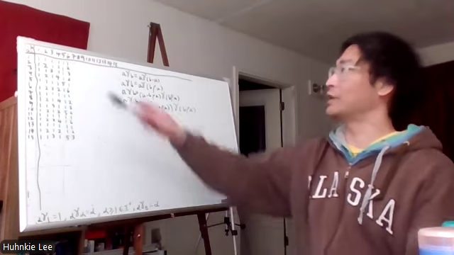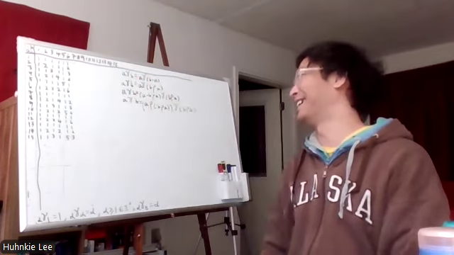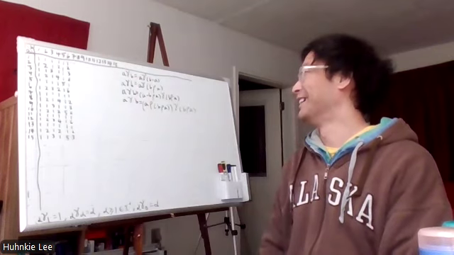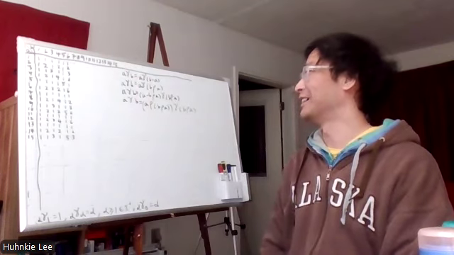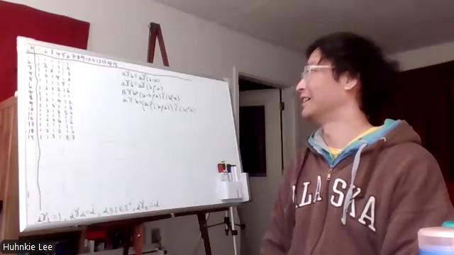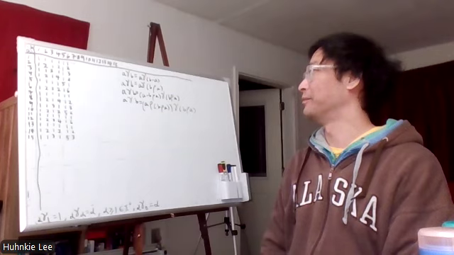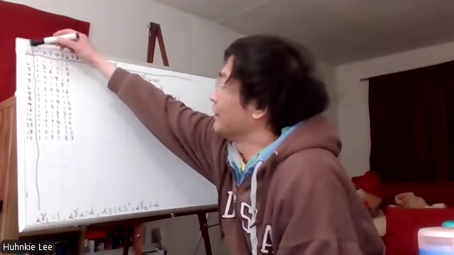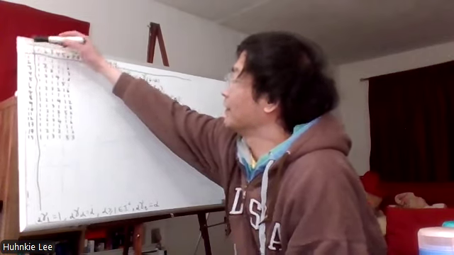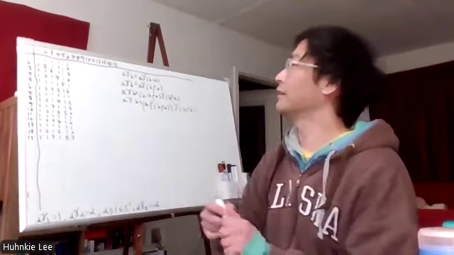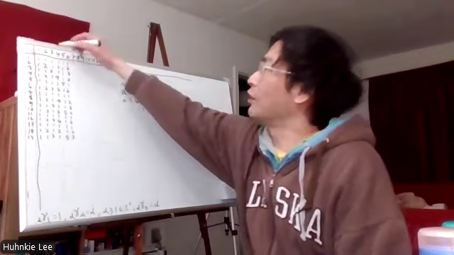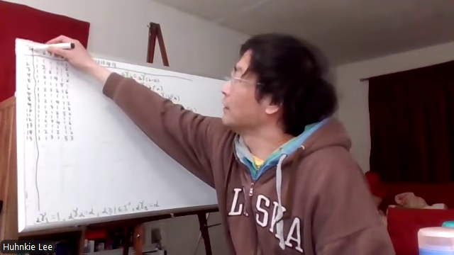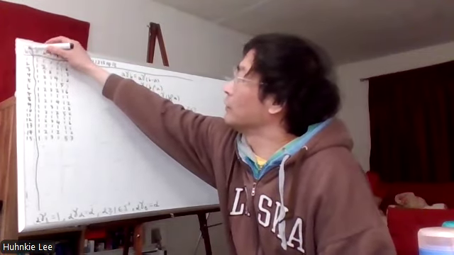I think we should switch a and b, okay? I think the column index should be a, and the row index should be b.